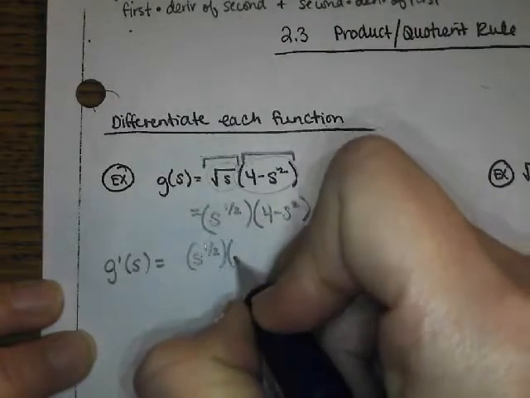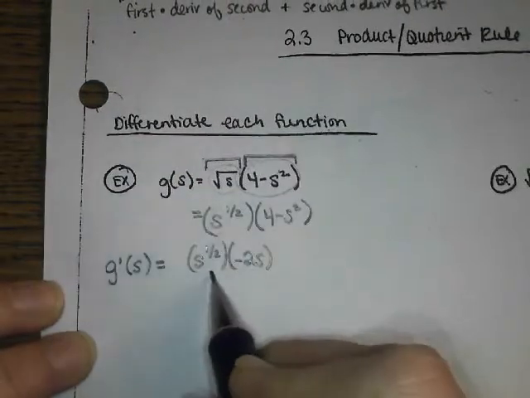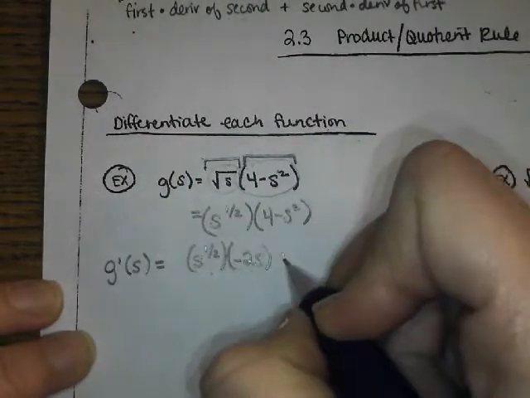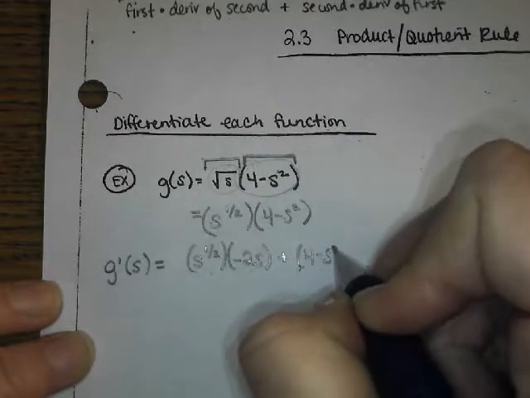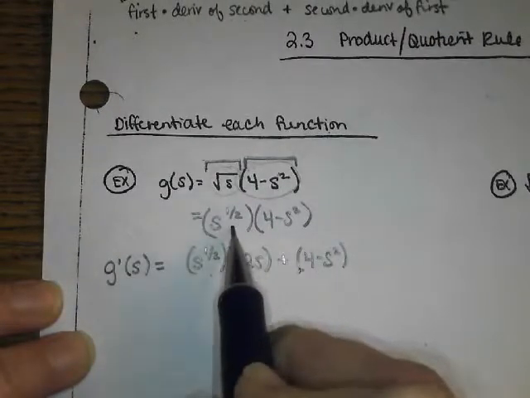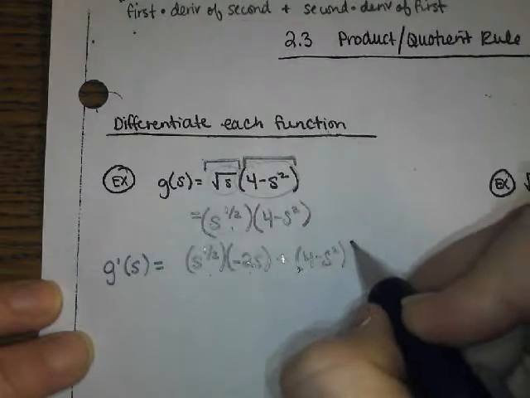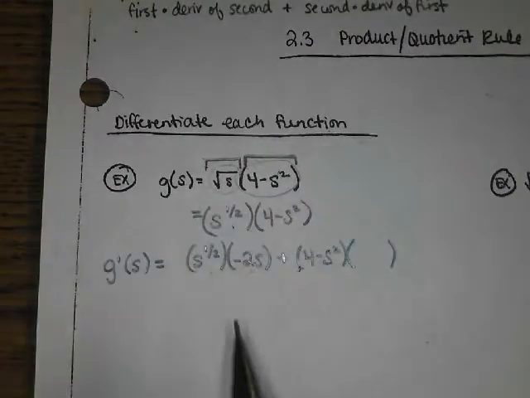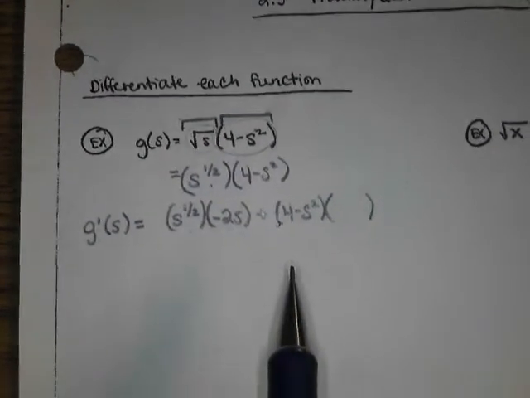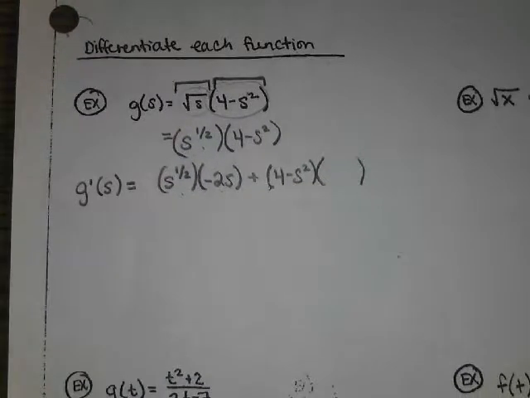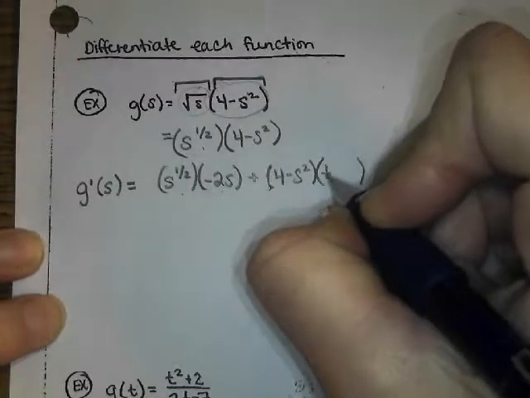Negative 2s. Right, minus 2s. So first times derivative of the second, plus your second, times the derivative of your first. What is the derivative of s to the 1/2 power, Lauren? 1/2. Perfect.